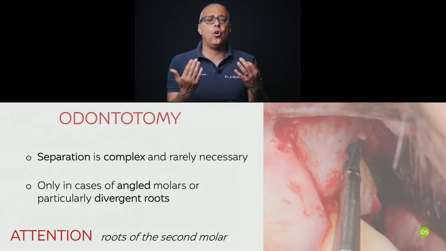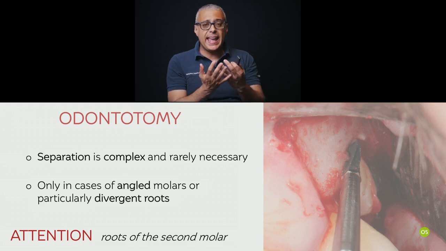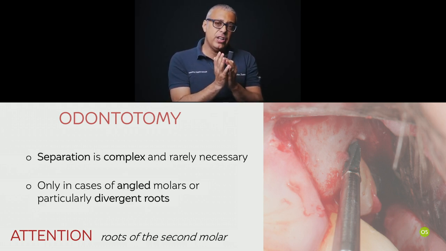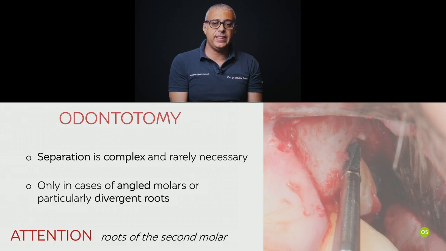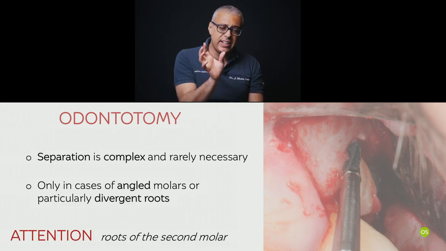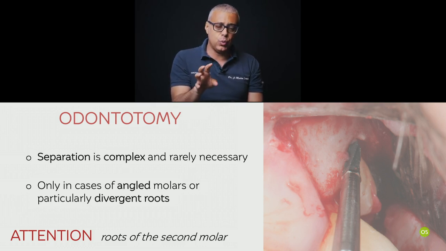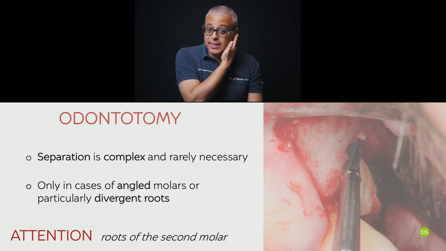The odontotomy or tooth sectioning is performed if we have a particular divergence between the upper third molar roots, or if there is a deep impaction, mainly if the tooth is particularly angled, and so we don't have the correct space for the tooth to be extracted.